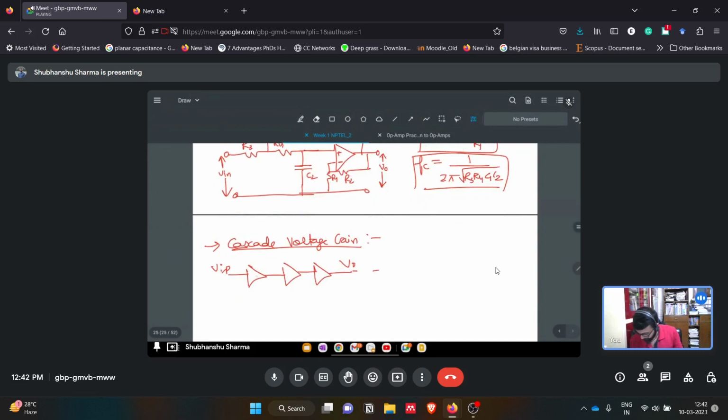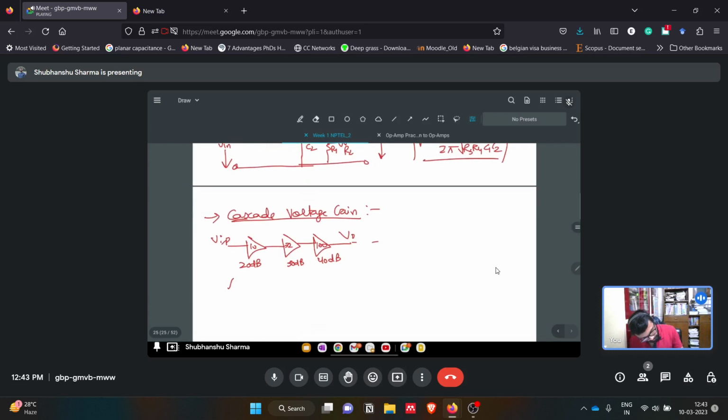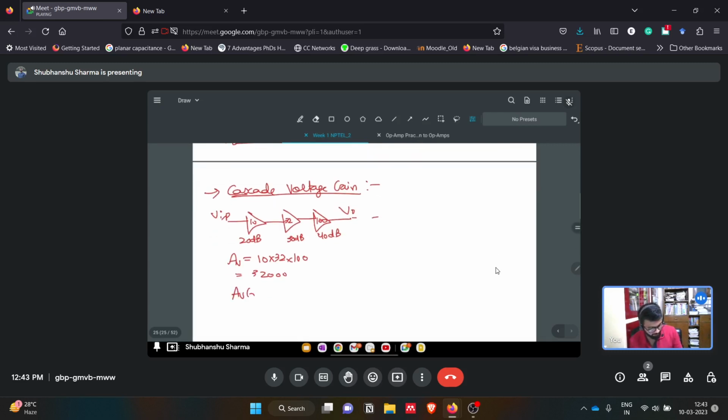Let's say the gain of this is 10, this is 32, this is 100, that is 20 dB, 30 dB, and 40 dB. So the overall gain will be 10 into 32 into 100, that is 32,000. In terms of dB, it is 20 plus 30 plus 40, that is 90 dB.